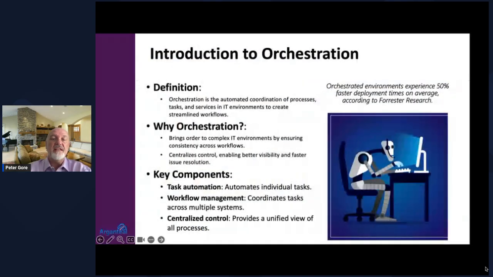So, what is the definition of orchestration? Orchestration is, as we just discussed, coordinating different processes, tasks, and services inside the IT environment, right? So why do you want to automate? Well, it reduces manual intervention inside your environment, brings in centralized control. You're able to leverage tried and true processes that you've tested out inside your environment, and you're able to do it faster, right?